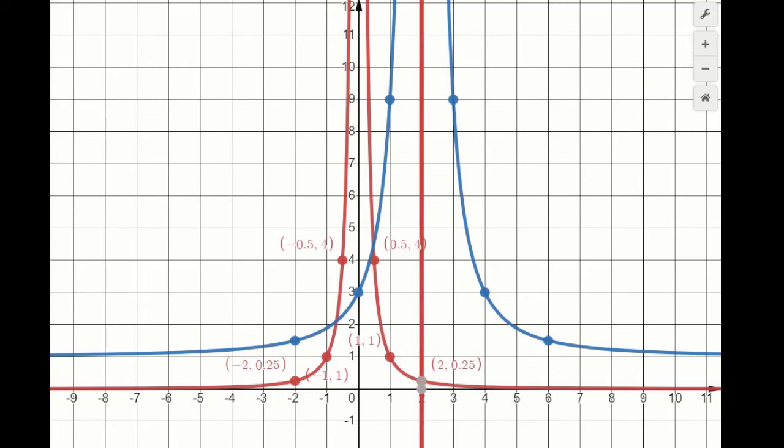I just quickly used my favorite graphing device to put in that vertical asymptote for this current function. And so that's how it's indicating it's being shifted away, and we can use that to check.